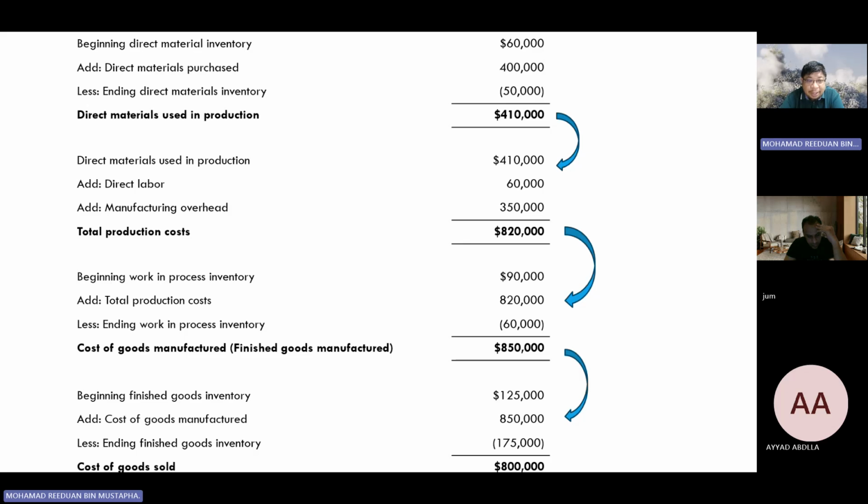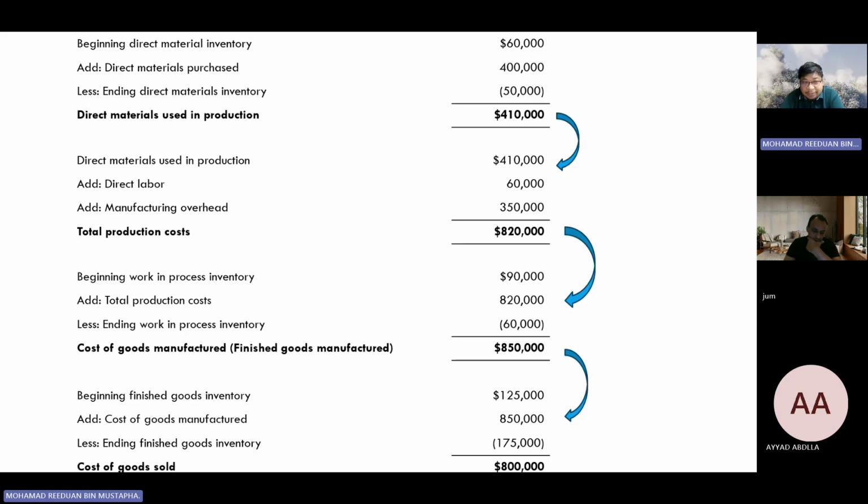from one to another. And this is because you need to know whether you are calculating the direct material used in the production, or you are calculating the total production cost, or you are calculating the cost of goods manufactured, the finished product, and then the cost of goods sold. The cost of goods sold means that this is the cost that is ready to be sold, whereby the cost of goods manufactured is the finished good product.